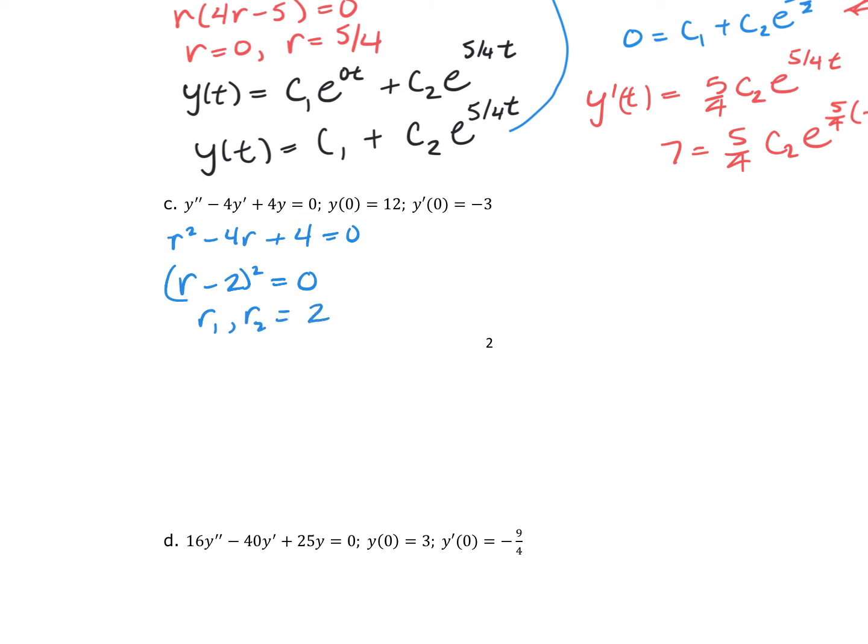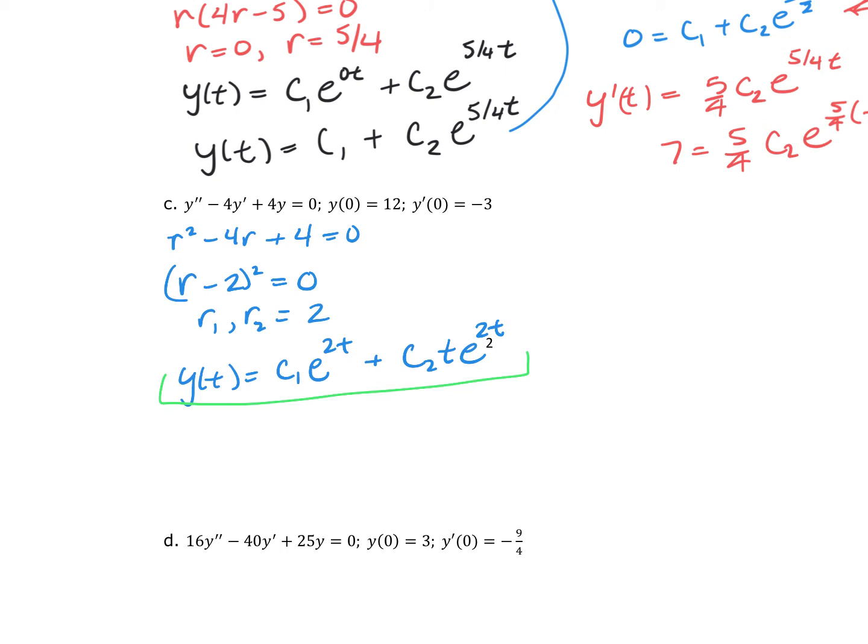So we know when this happens, I have y of t is going to be equal to c sub 1 e raised to the 2t, and then plus, this always ends up having an extra t, c sub 2 t e raised to the 2t.